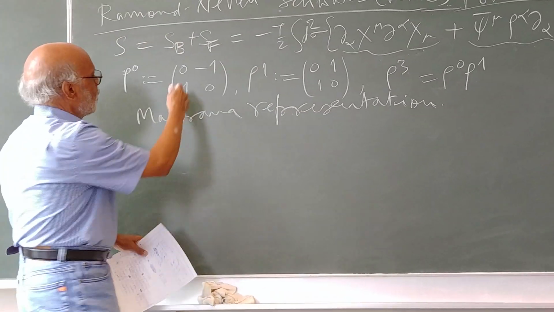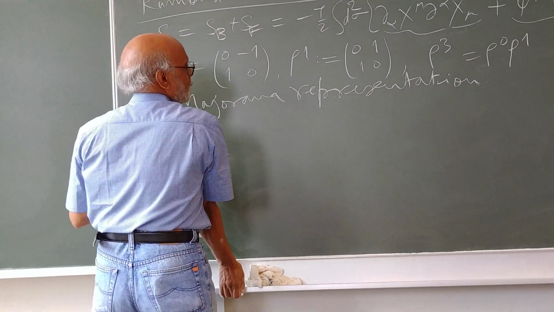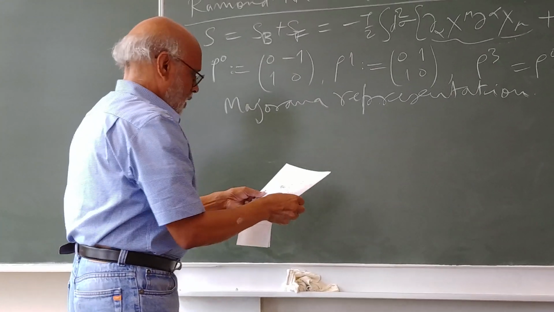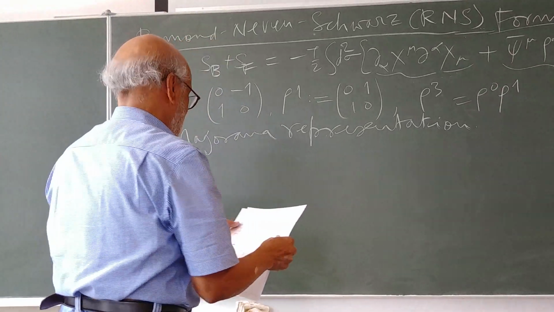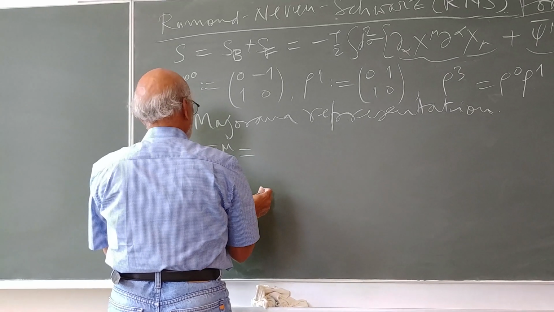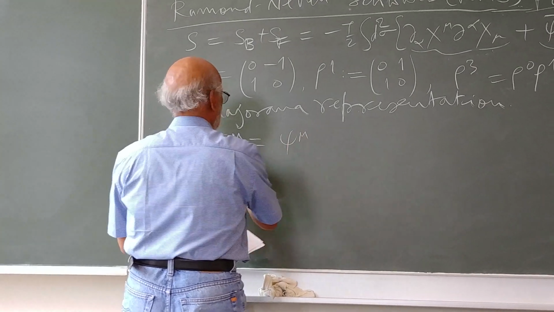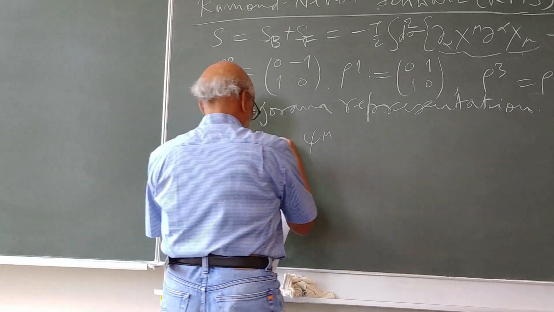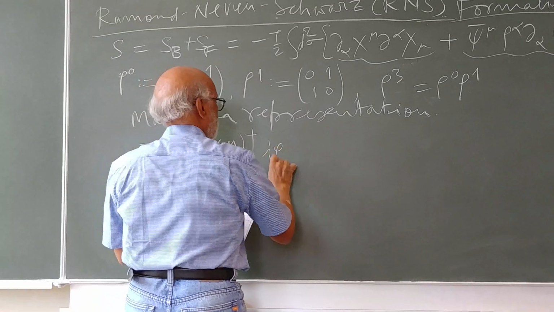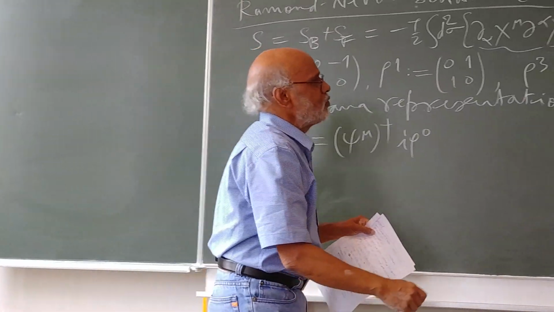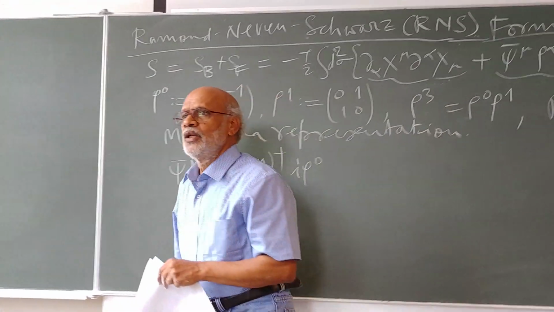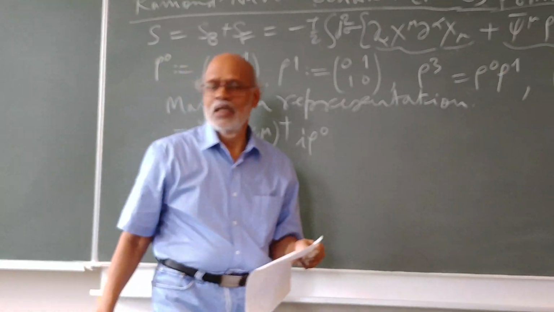In the literature, you can also find other representations. Let me just tell you for short. One thing more that I would define is psi mu bar, the Dirac conjugate, which is the Dirac adjoint psi mu dagger times i rho 0. Sometimes i rho 0 is defined as beta, yet another matrix.